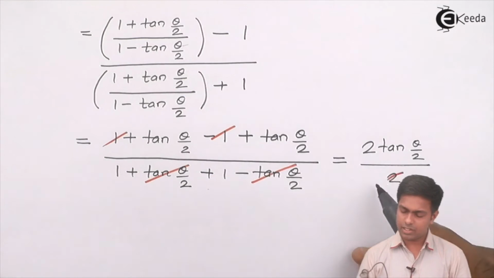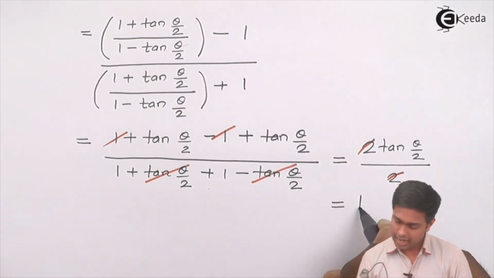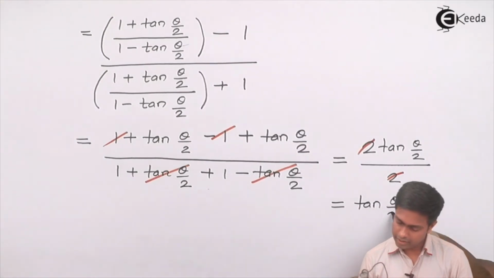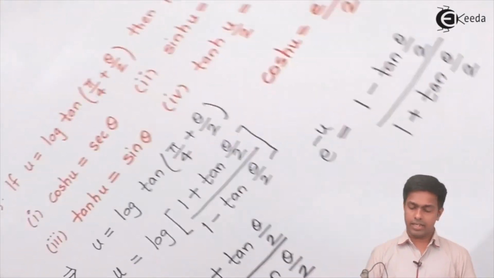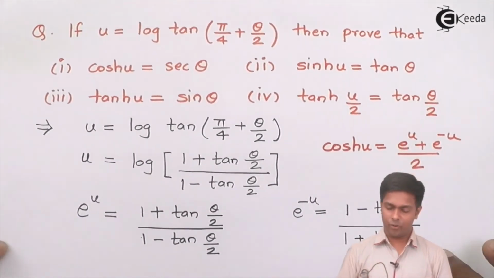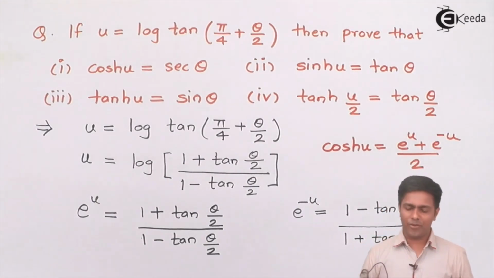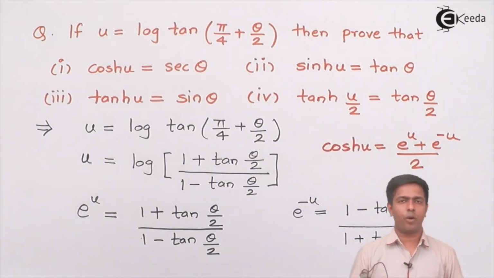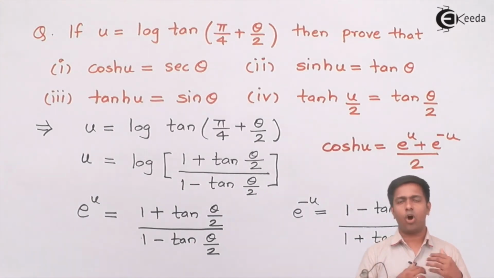Again we can cancel this 2 and 2, so we will get the answer as tan of theta by 2. If you see the question, the required answer was tan theta by 2, and we got that answer. So here we have proved 4 results by using different formulae of hyperbolic functions, and I'm sure that you understood all these steps.